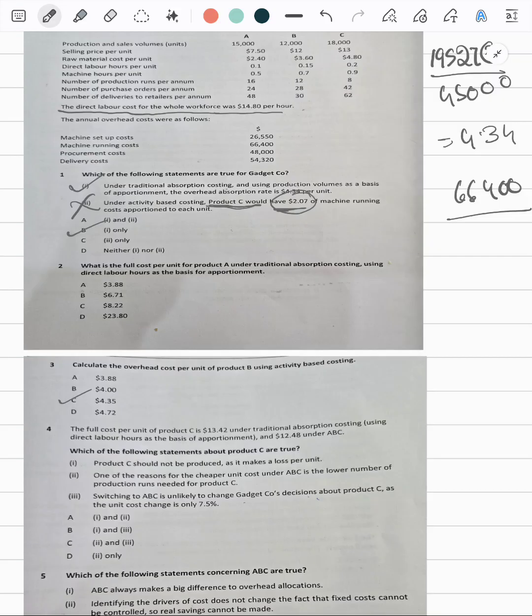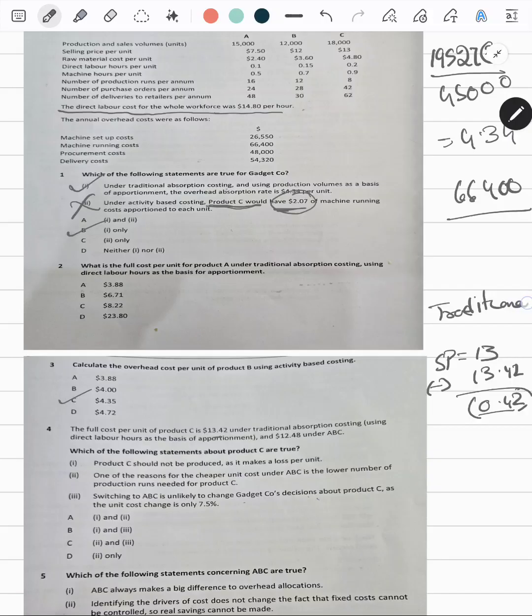Now the selling price of product C is 13, and as per the traditional overhead absorption rate, the cost comes out to be 13.42 per unit. So the loss is 0.42 as per the traditional absorption method.